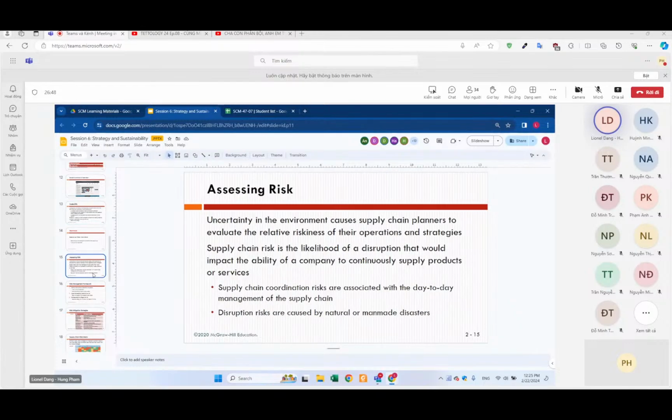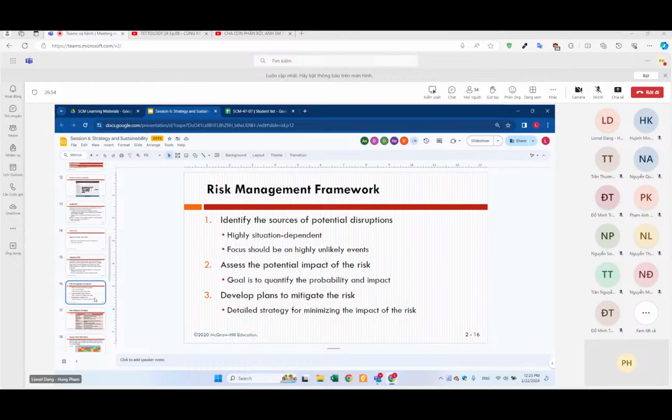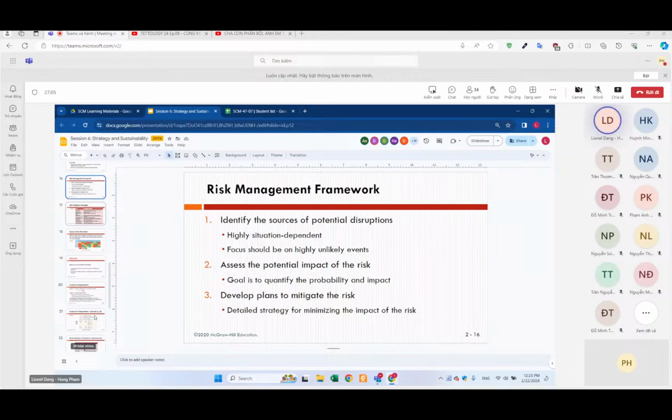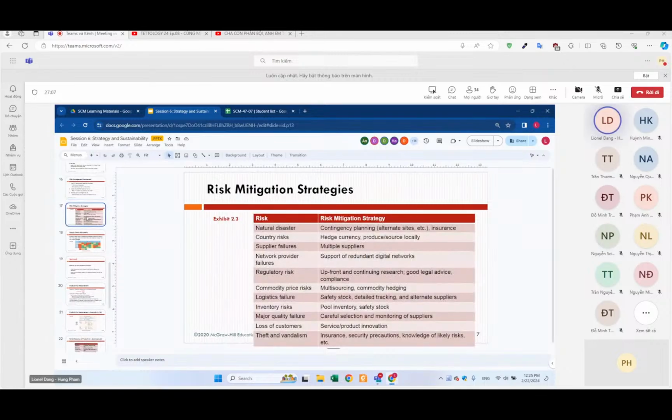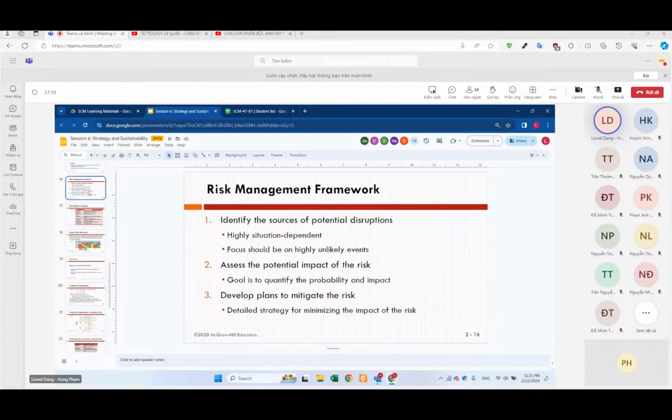EM1, you work on slides number 15 and 16.